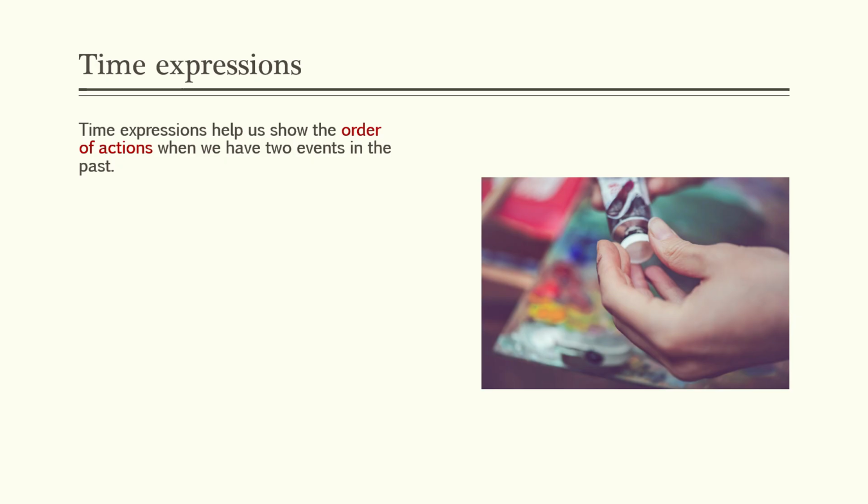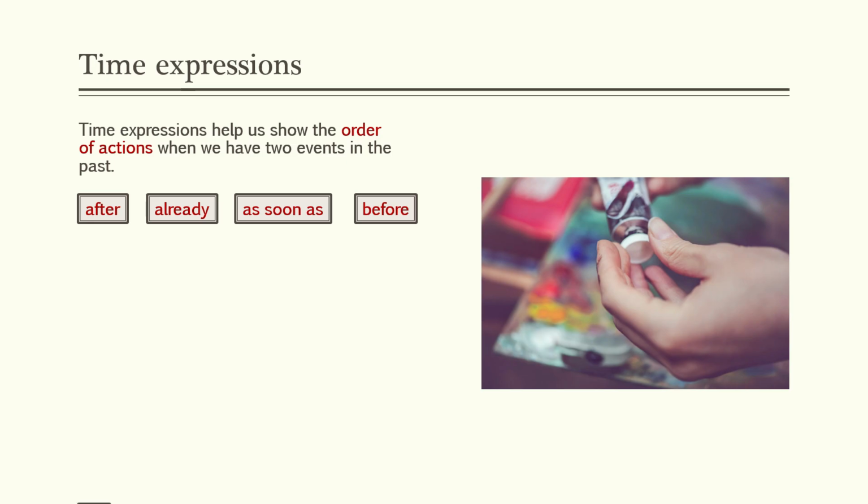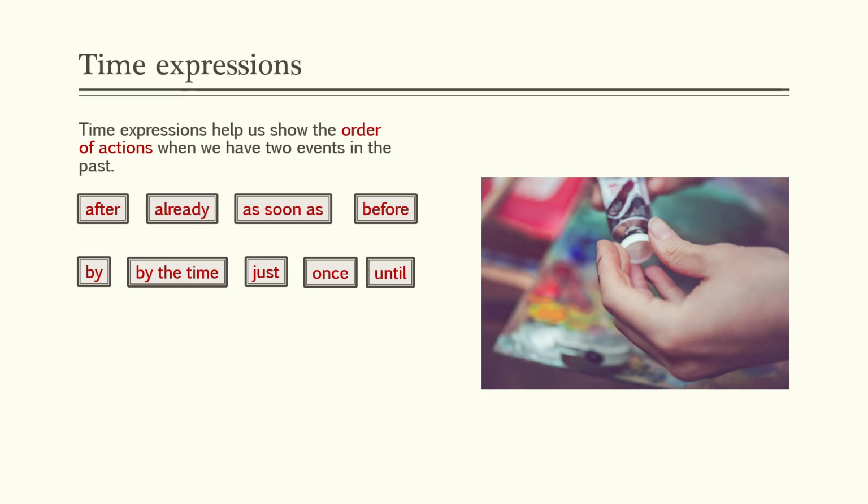By using words and phrases like after, already, as soon as, before, by the time, just, once, and until, we make it clear which action happened earlier and which happened later. This is very useful for storytelling or explaining sequences of events in the past. Now, let's look at some examples with each of these time expressions.